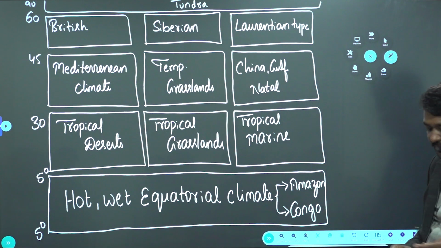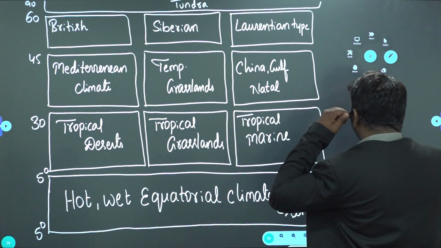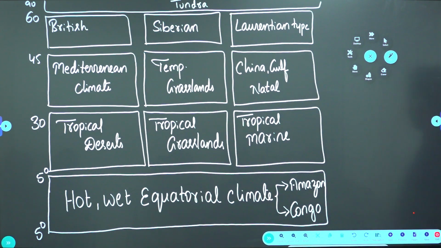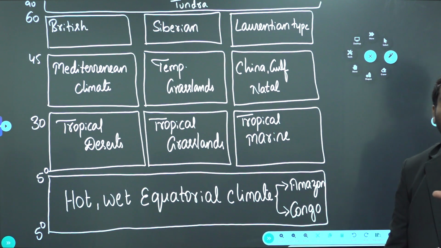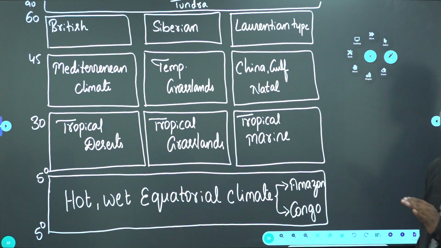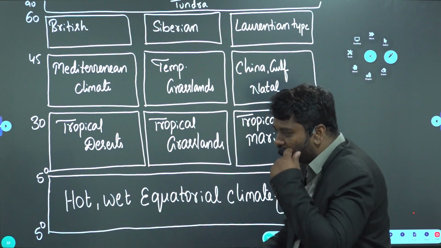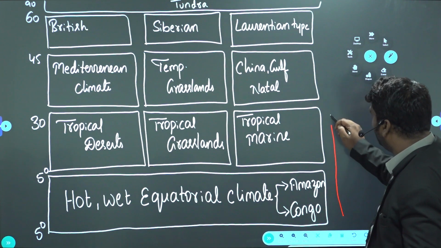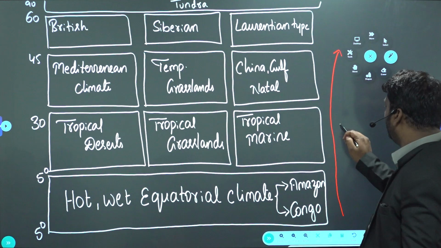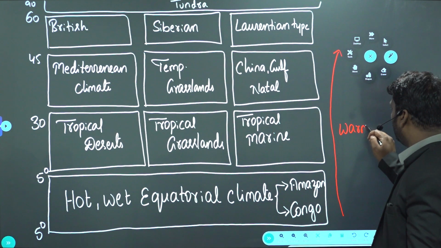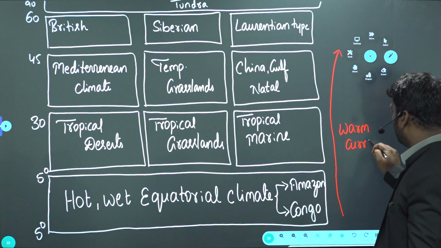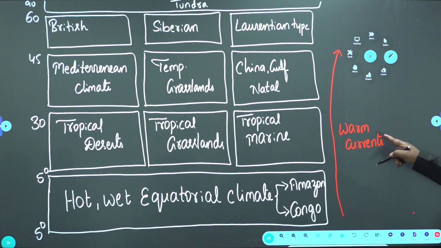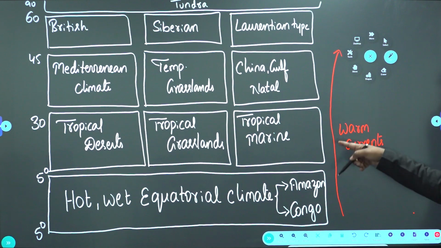Second, you see, which one will produce fog, guys? Hot or cold? Cold currents will create fog, or warm currents will create fog? Cold currents. You see here, this region almost till here, warm currents will be there.